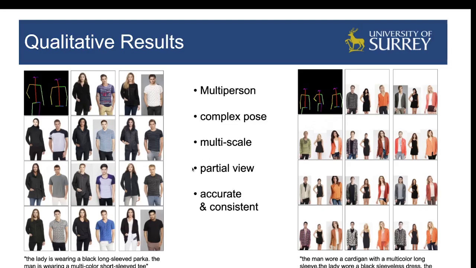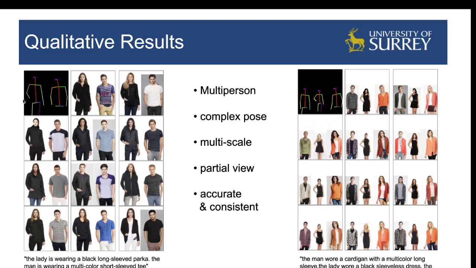And we can do partial views. That means if some keypoints are missing, for example this part here and this part here, we're still able to generate, because we have learned the anatomy of people, that they should have legs. So partial view works, and it's also very accurate and consistent.